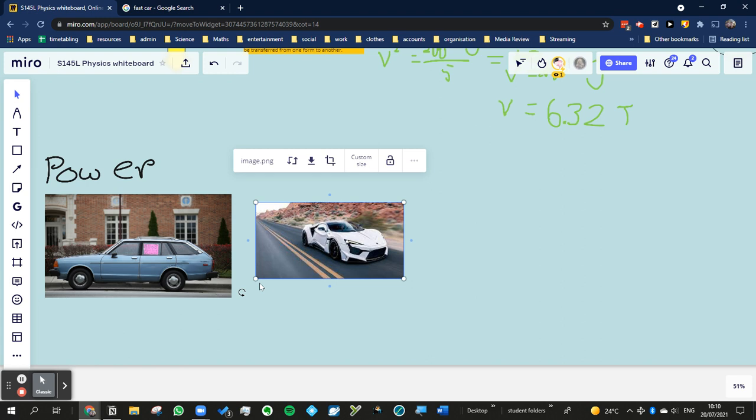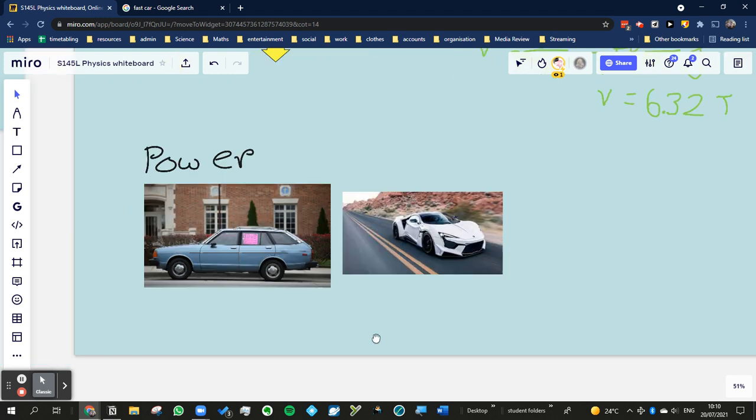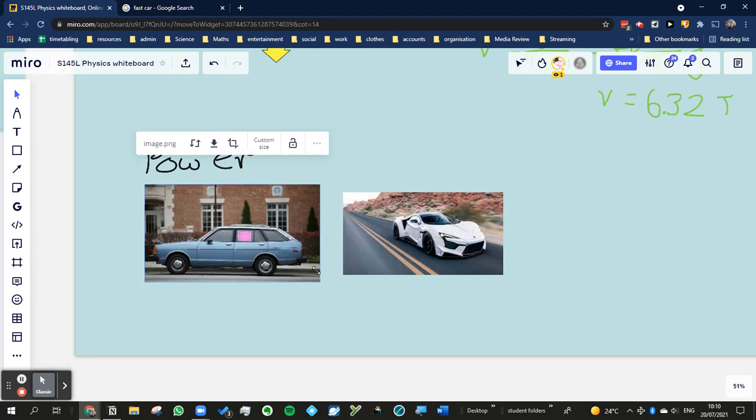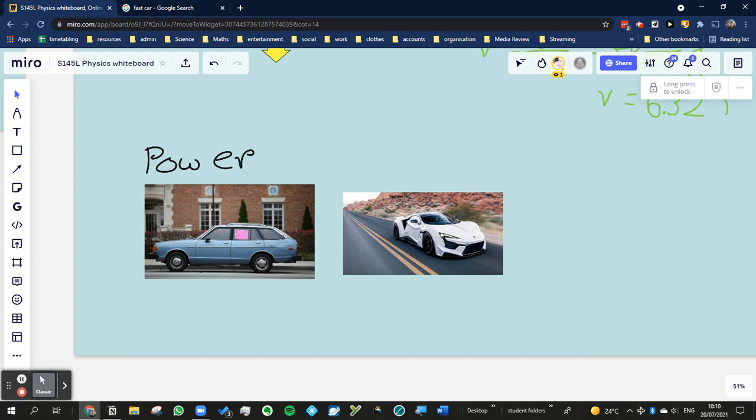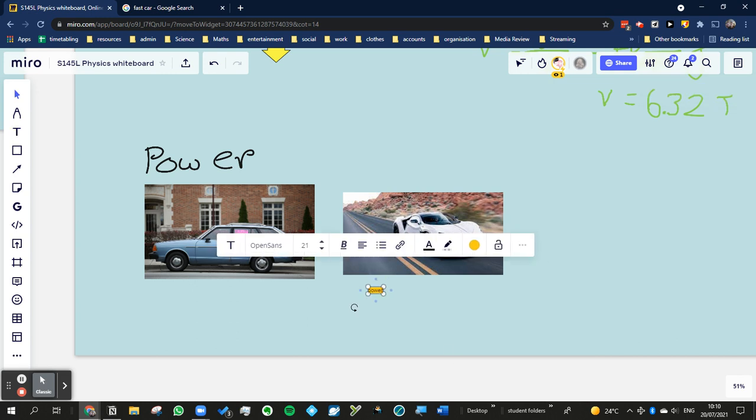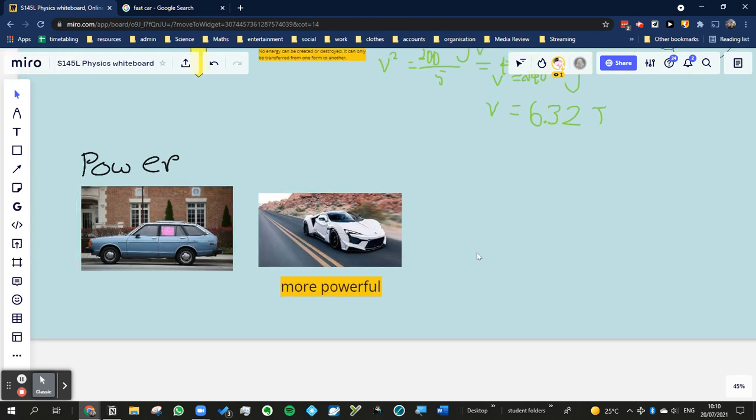Just from looking at it, we would say it's fairly likely that this car is powerful, or let's just call it more powerful. So what does powerful mean?